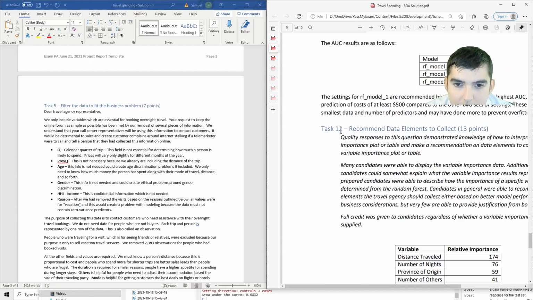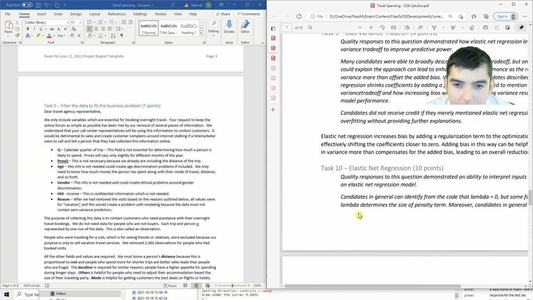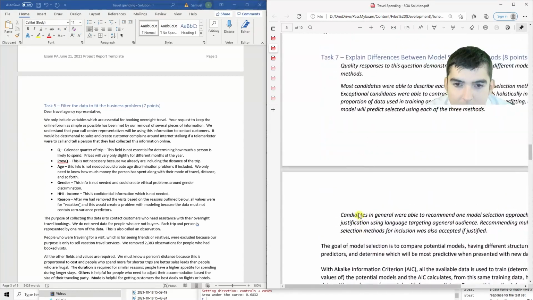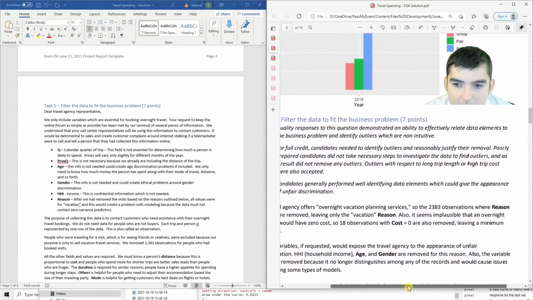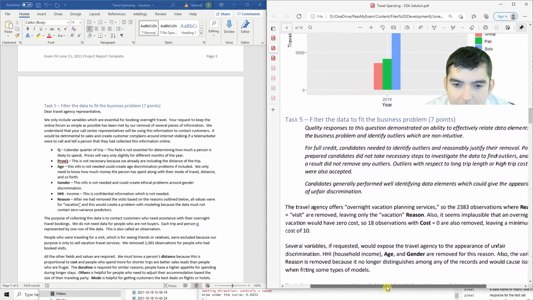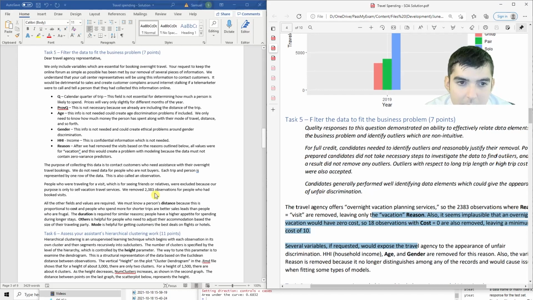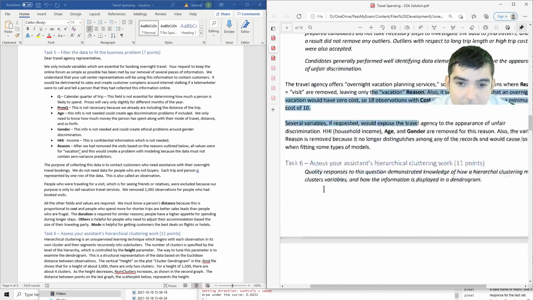We look at the solution of task 5. No, actually, this is technical. It's using things like equals, visits are removed, etc. So in this case, I probably wasted time because I was making this look really nice when in reality I was just writing for a technical audience. So pay attention to that.